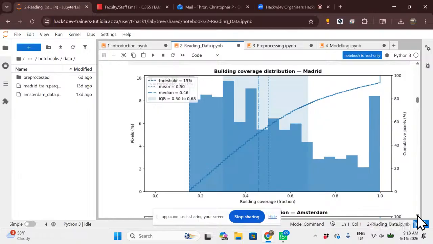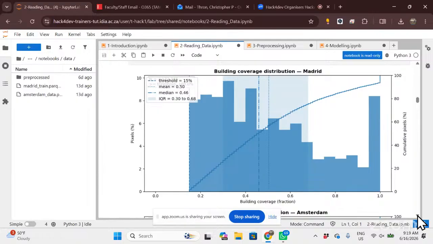All right, so building coverage distribution. Does anyone understand this? What do you suppose this graph is showing? It's a coverage distribution, right? I'm sorry that I am the professor, so I have to go into professor mode.